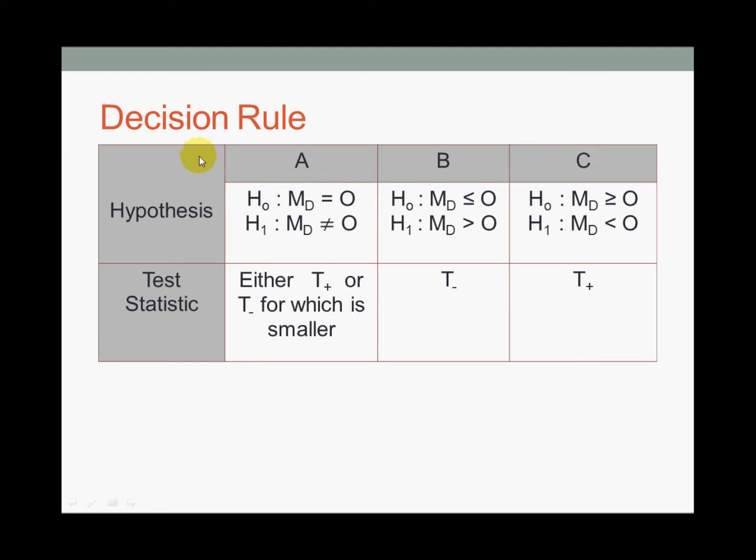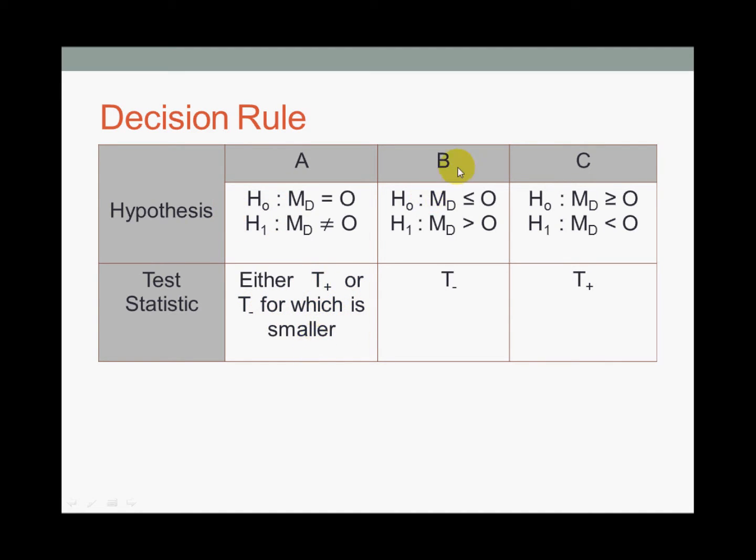Decision rule. Hypothesis for case A: H null, MD is equal to 0, H1, MD not equal to 0. For the test statistic, we take either T positive or T negative, whichever is smaller.